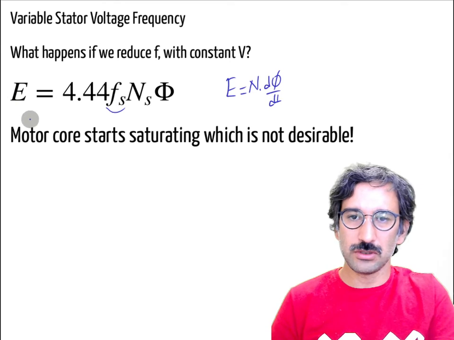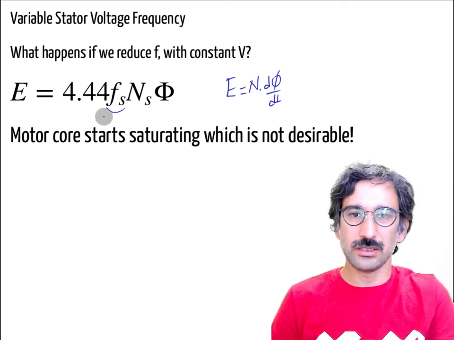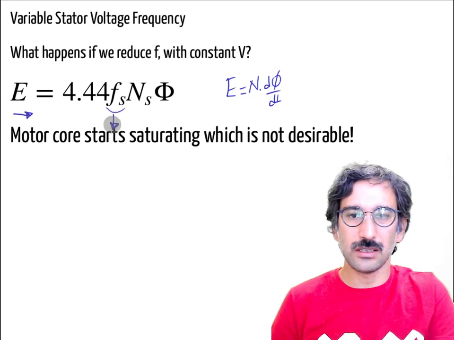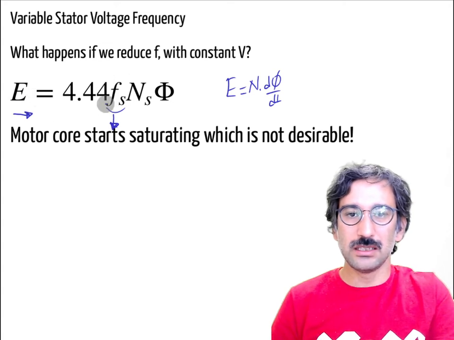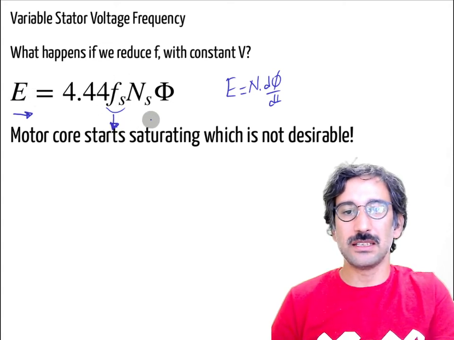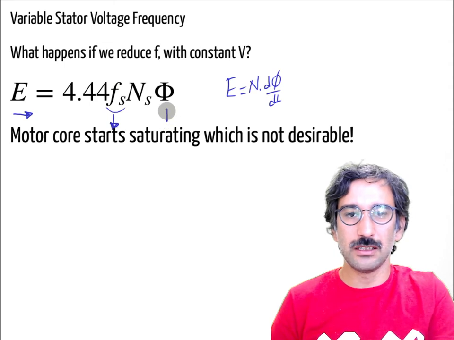Anyway, just remembering that equation: if I keep the voltage constant and reduce the frequency, I am applying more voltage but the frequency is less, so the flux has to go up.